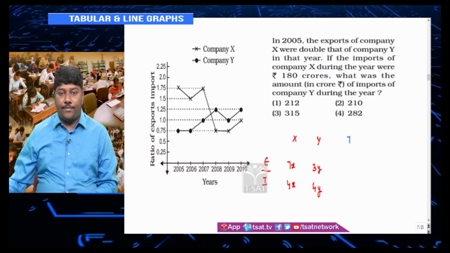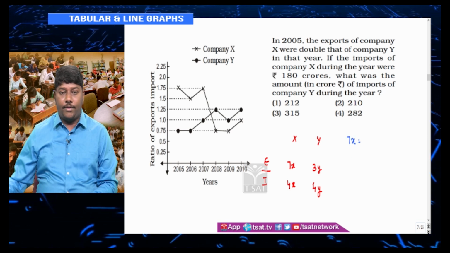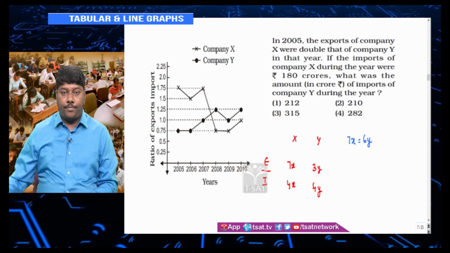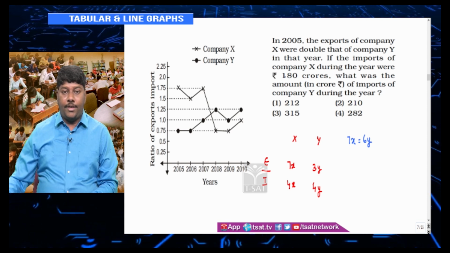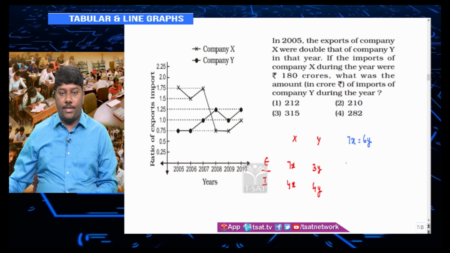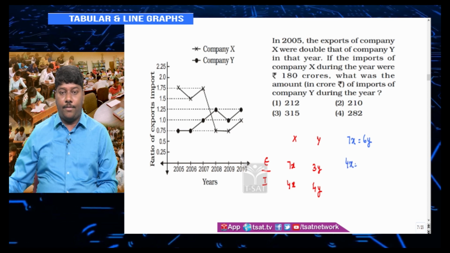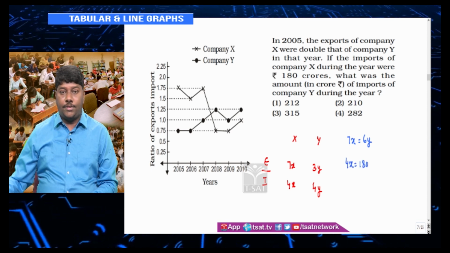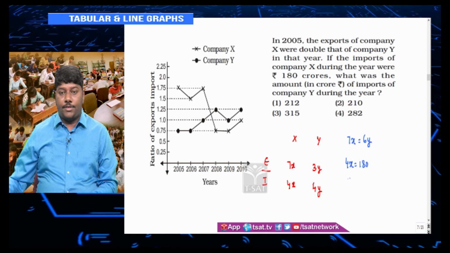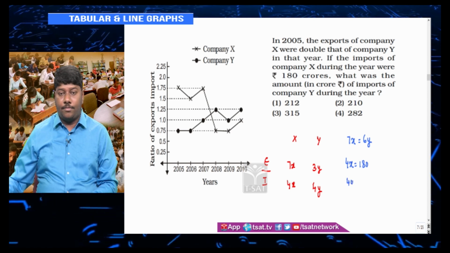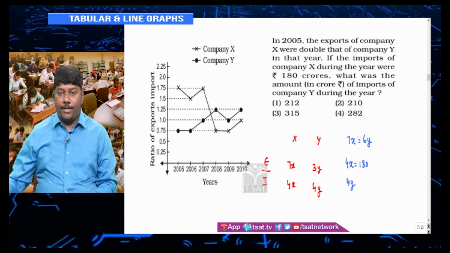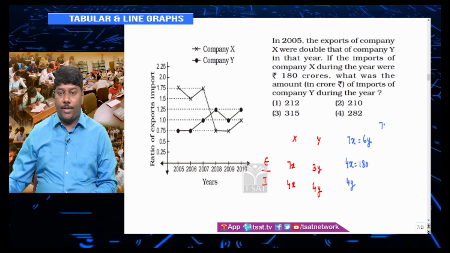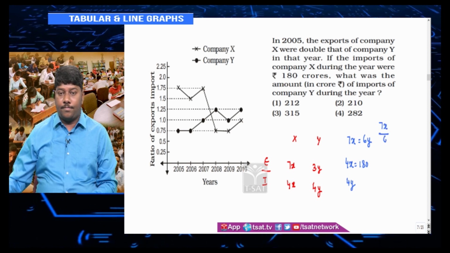So he says 7x is equal to double of 3y, which is 6y. And he gives you imports of company X during that year as 180 crores. So he is giving you 4x is equal to 180 and is asking you what are the imports of company Y during that year. So 4y he is asking, right. First of all, what is y in terms of x? It is 7x by 6.